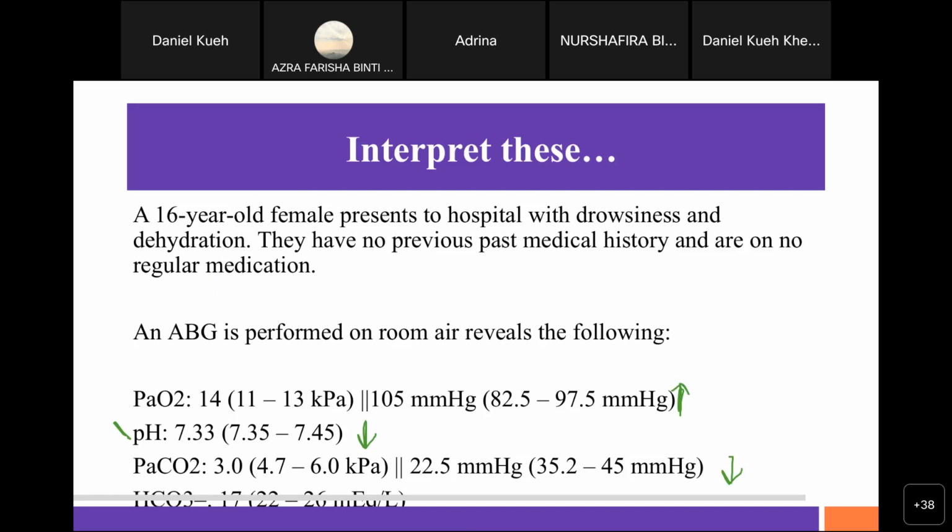And then the bicarbonate ion is low. So if pH is low, it already means acidosis. And using ROME, the pH is decreasing as well as the bicarbonate ion.